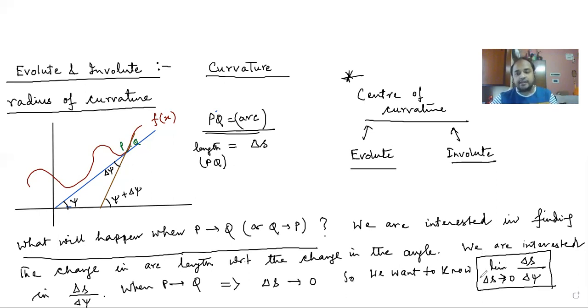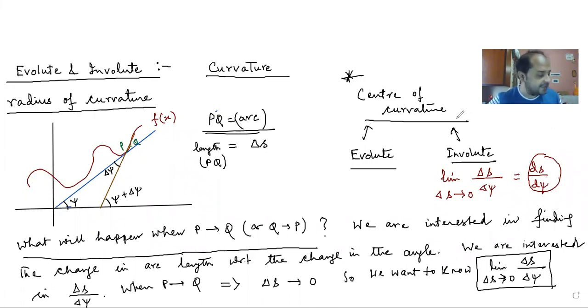That is the thing which we study in radius of curvature. And we know very well that this limit is equal to ds by d psi. Now this particular thing we can call the rate of change of the arc with respect to the angle psi.